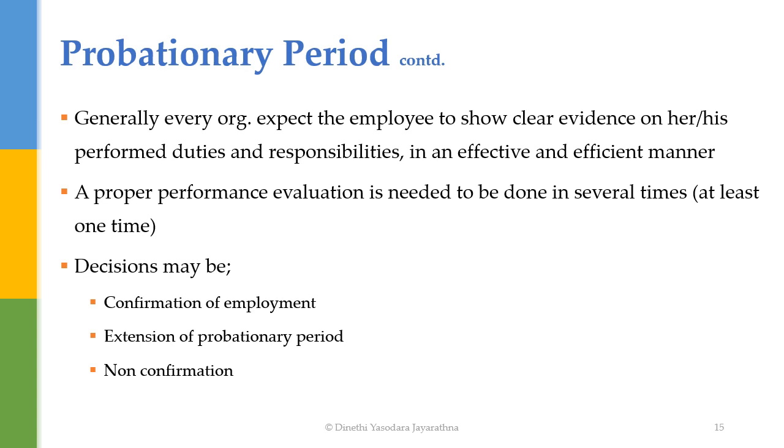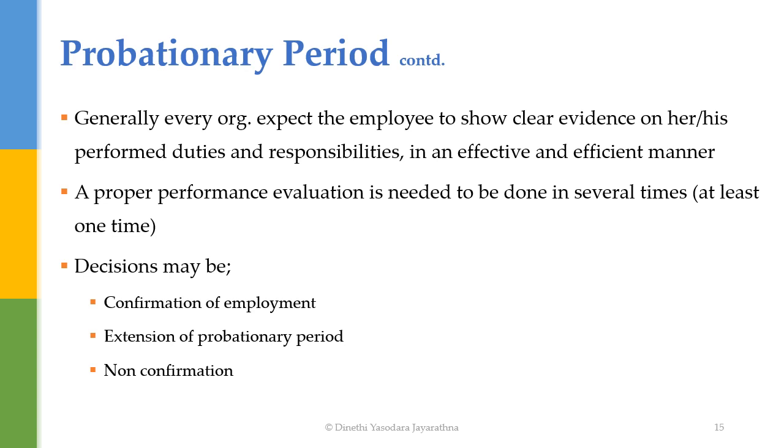So if the employee has not performed well, the company can extend the probationary period using the performance evaluation report. They can justify that, according to the performance evaluation, this employee has not performed the duties and responsibilities in an effective and efficient manner.